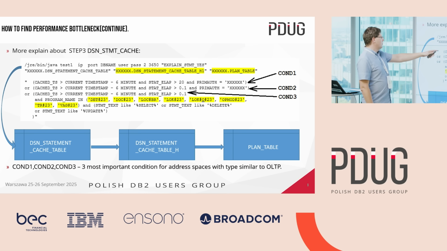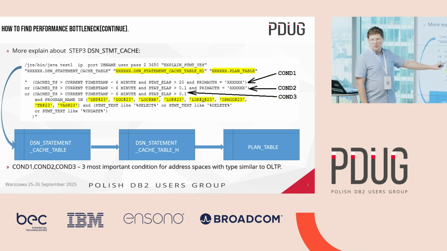First condition generates, for the last 6 minutes, all SQL which consumes elapsed time of more than 20 seconds, and with primary authorization user ID maybe. Second, the same. Third, with additional parameters like program name. It's more connected with static SQLs. In some applications, it could be used.